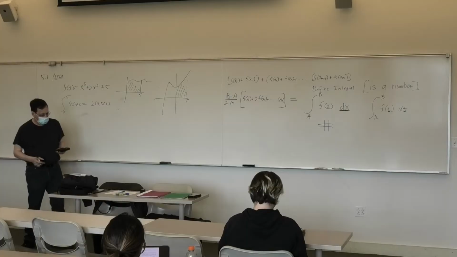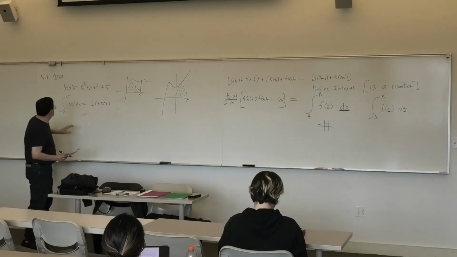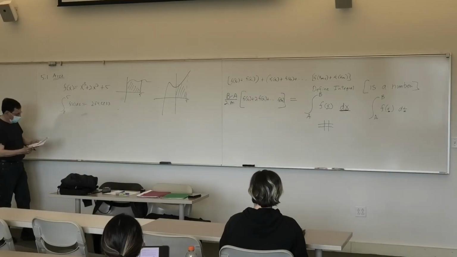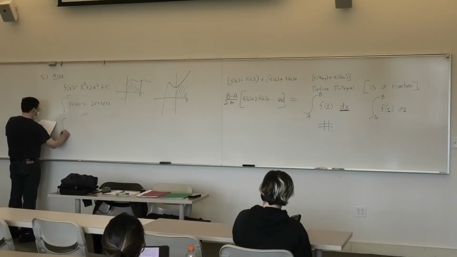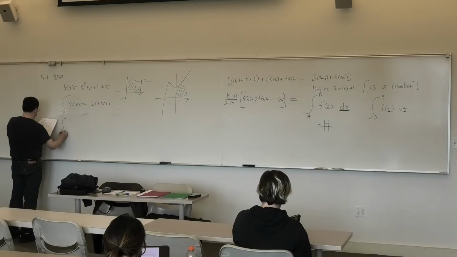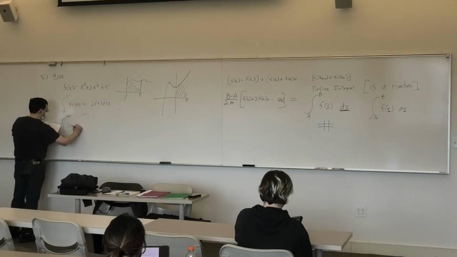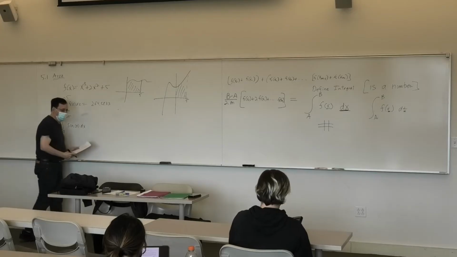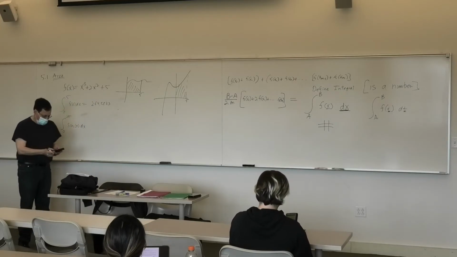Okay. All right. Well, let's do another problem on the calculator. Let's take a look at the area from 0 to 2 pi of the sine of x dx. Let's try that. So that's pretty easy.